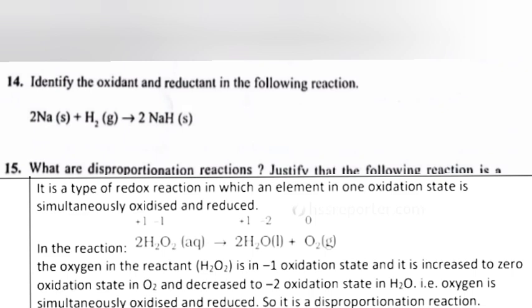The oxygen in the reactant H2O2 is in −1 oxidation state and it is increased to 0 oxidation state in O2 and decreased to −2 oxidation state in H2O. That is, oxygen is simultaneously oxidized and reduced. So, it is a disproportionation reaction.